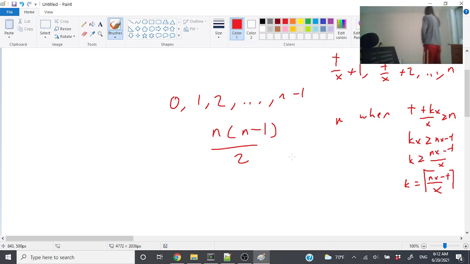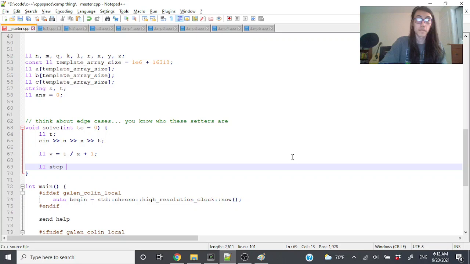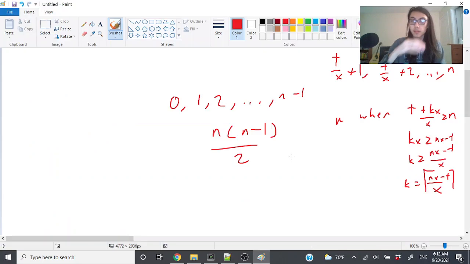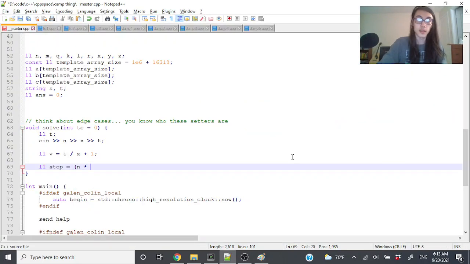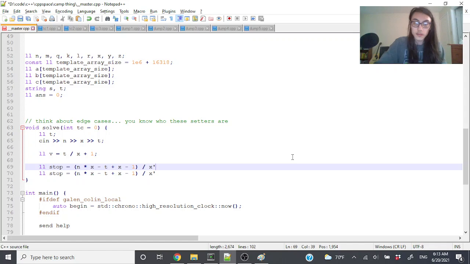Like the last person will end after they finish. So it should be n times x minus t plus x minus 1 over x. This is ceiling.